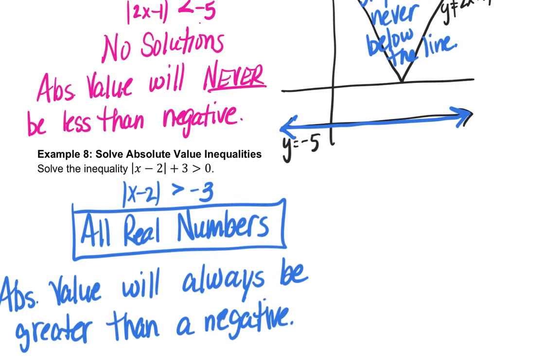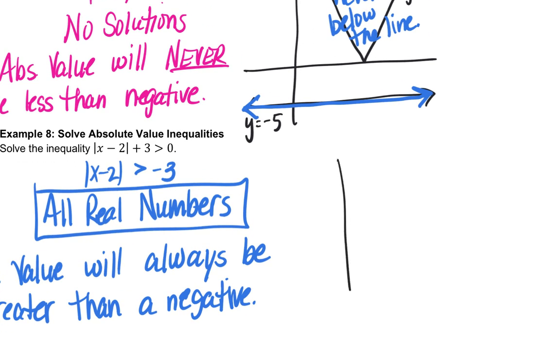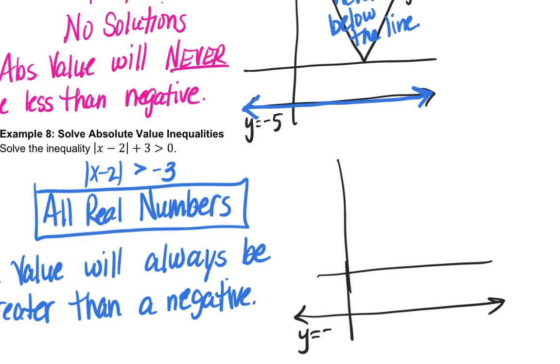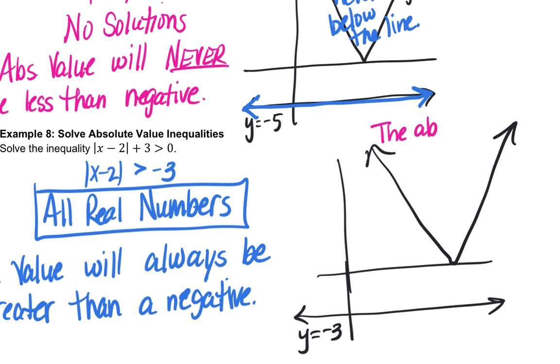And to get a picture of what that looks like, if I've got negative 3, so y equals negative 3 is down here, and then you've got your graph here. It will always be above the line. So the absolute value graph will always be above the line.